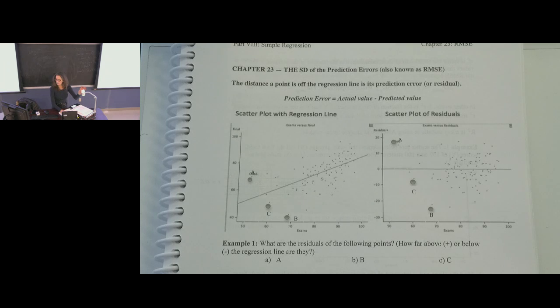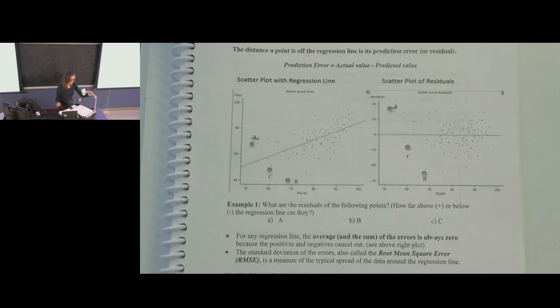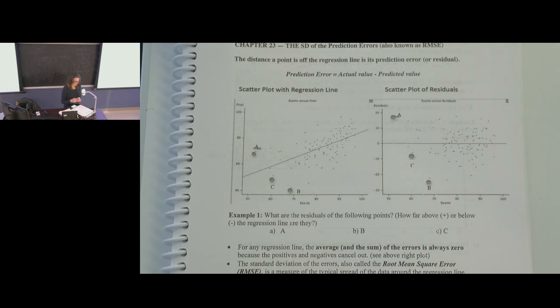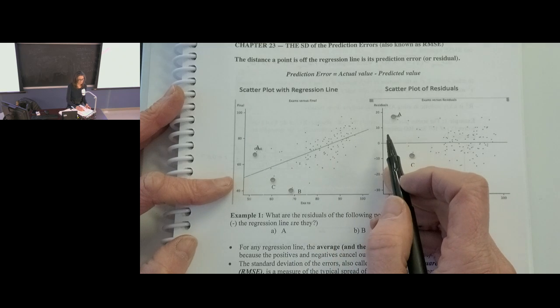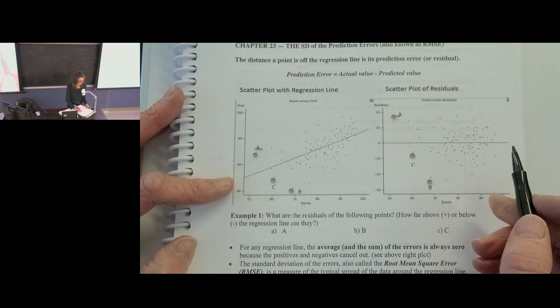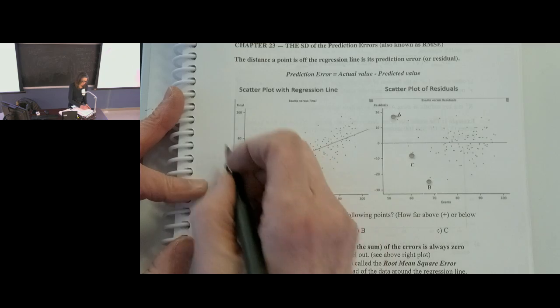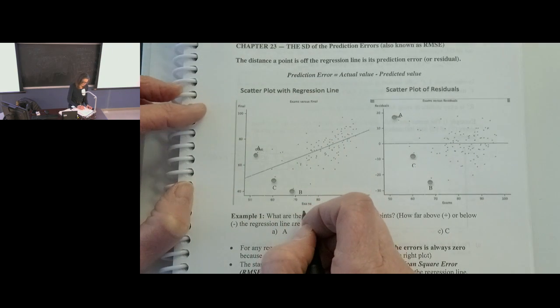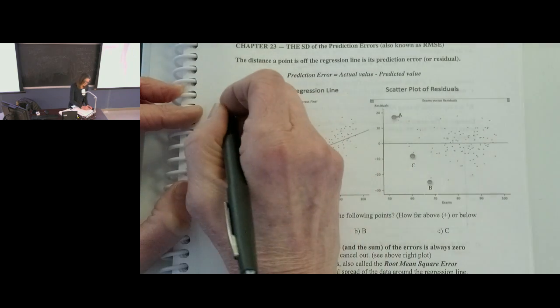We're going to start right here on looking at errors around the regression line. Last time we talked about the regression line as the best prediction line for predicting y, in this case y's finals, from x.